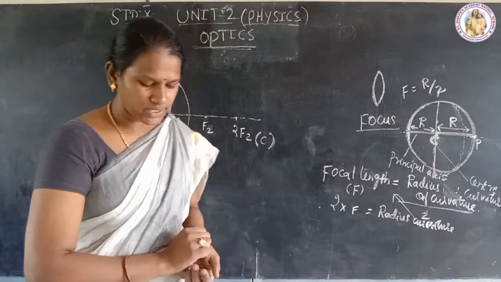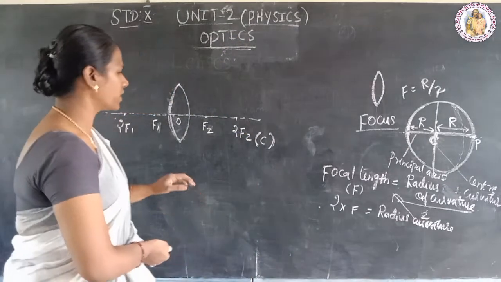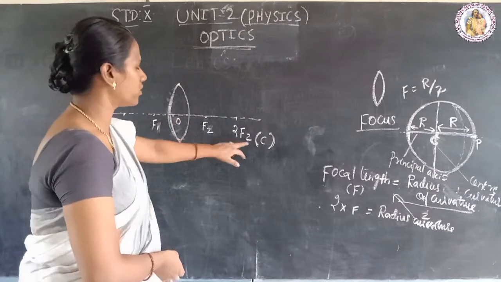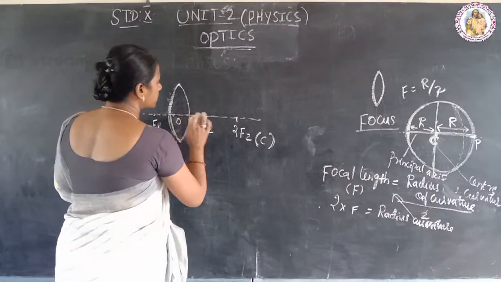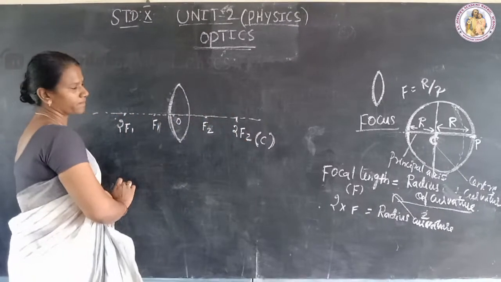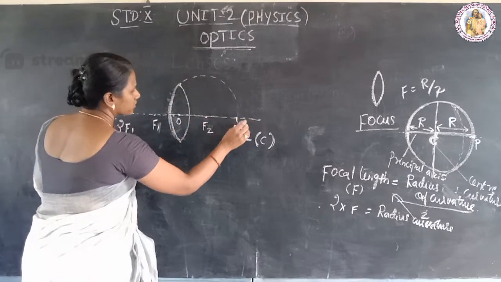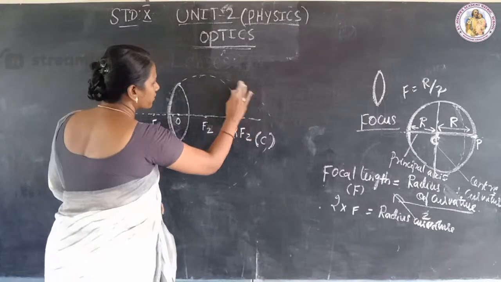So when an object is placed behind the center of curvature, this is actually the center of curvature. The 2F2 is the center of curvature. This is the center point of the spherical mirror.